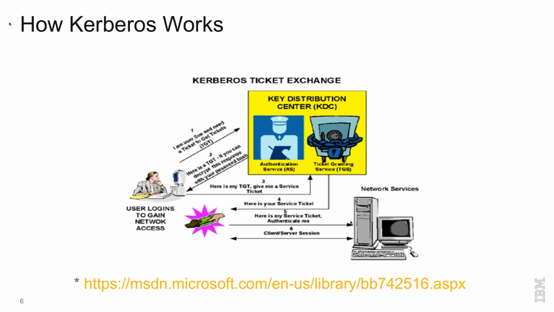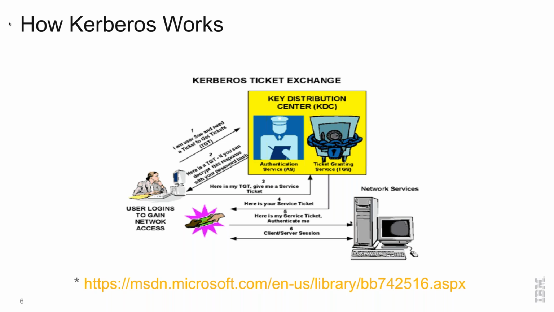This feature is very nice because it prevents the so-called man-in-the-middle attack. Nobody can intercept your password in any form, either encrypted or non-encrypted. Okay, so you send your request, and then the KDC sends back your ticket granting ticket encrypted with your password, right?